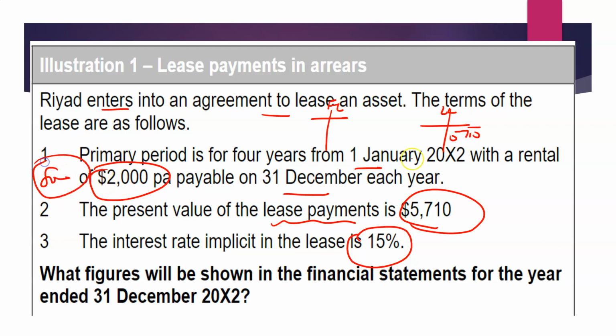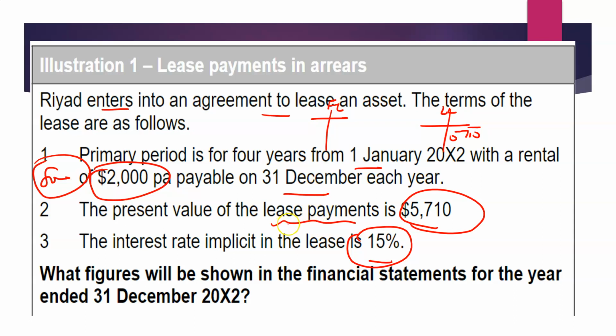I'm saying, listen, I want to borrow 5,700 and pay you 8 grand over 4 years. So we can work out the interest that is implied. The interest therefore is 15%. It's worked out by knowing what the final value or the total payments will be compared to the initial present value.